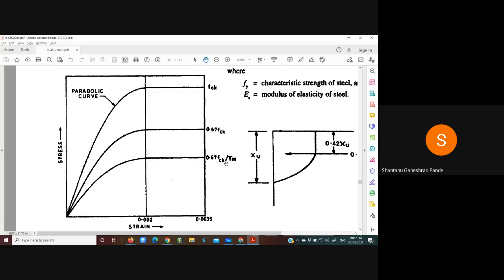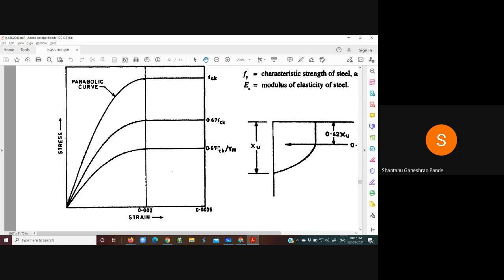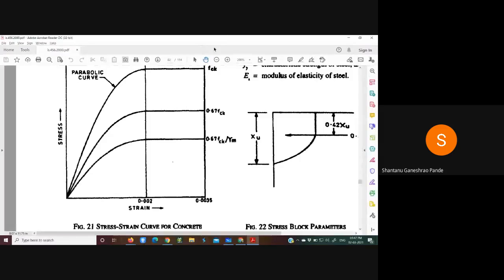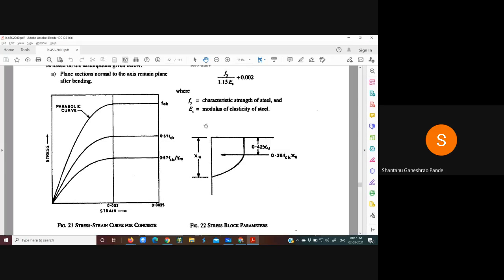So 0.67 fck upon gamma m will be used as the stress value corresponding to maximum strain. When the maximum permissible strain reaches 0.0035, the corresponding stress value in concrete will be 0.67 fck upon gamma m. This diagram is what we will mostly refer to for most of the calculations. This is the design value you will be using.